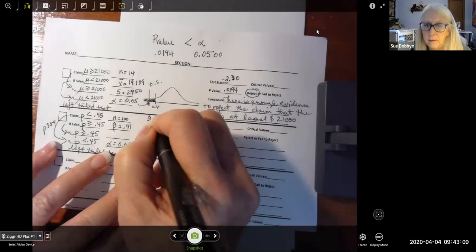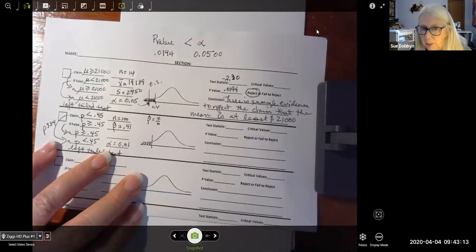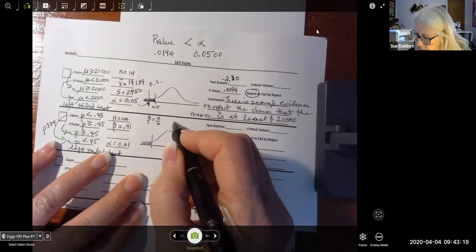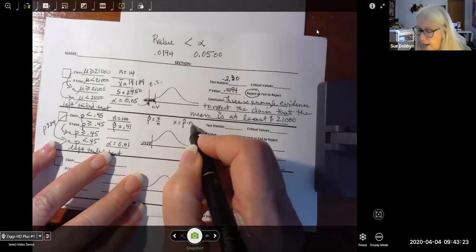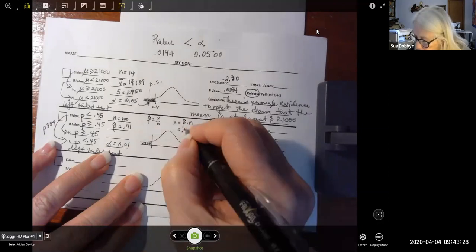If we change that around to solve for the number who gave a specific response, then x is equal to p-hat times n. Therefore, the number who said they use easy passwords is 0.41 times 100, which is 41 people.